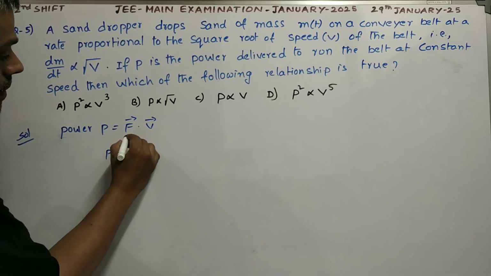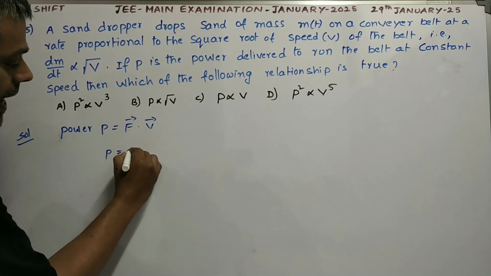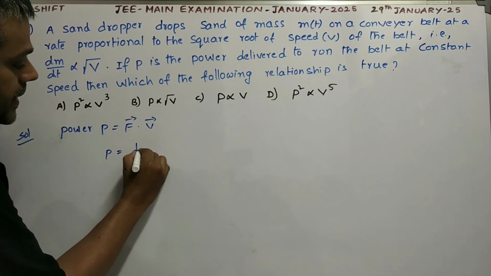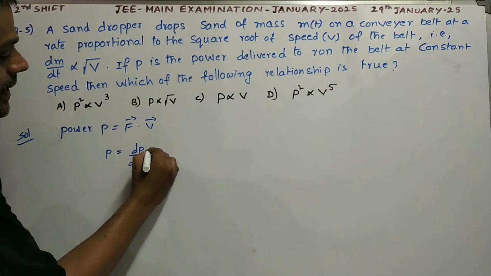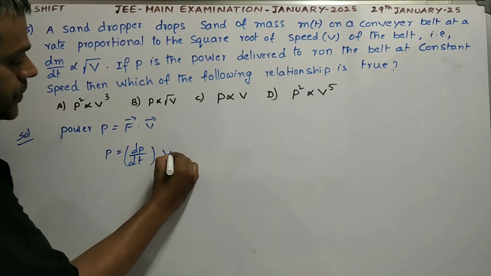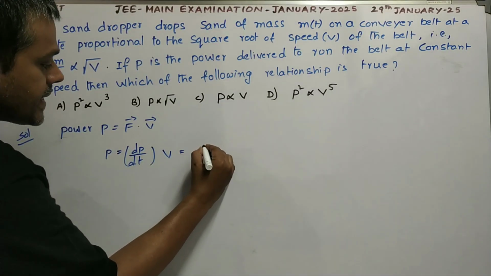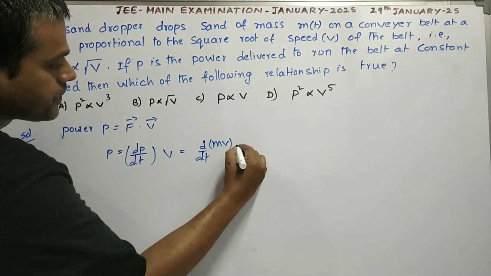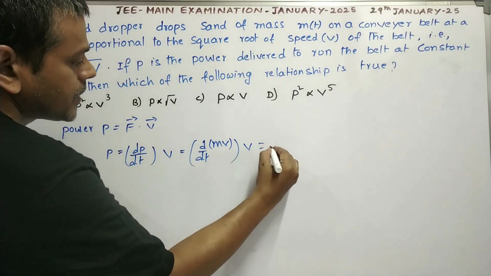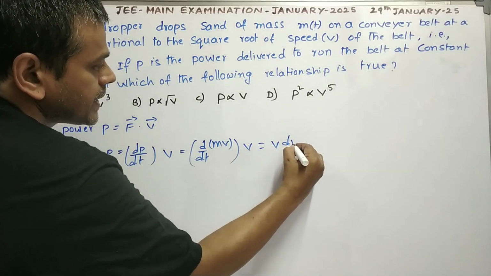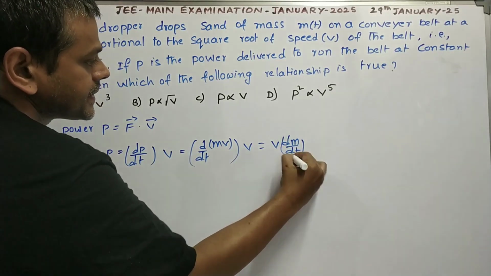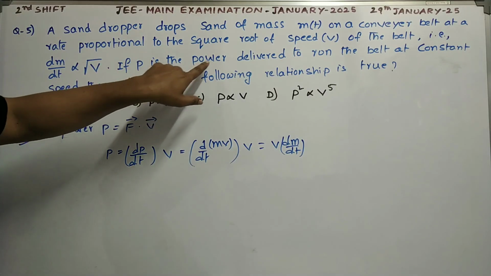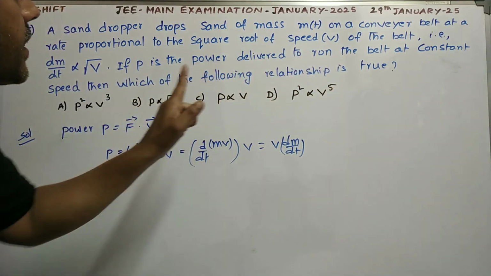That means this force may be written as the rate of change of momentum, isn't it? dP by dt into V. So it may be right: d by dt of m into v, into v, equal to v into dm by dt. Why? Because in the given question itself, P is the power delivered to run the belt at constant speed.